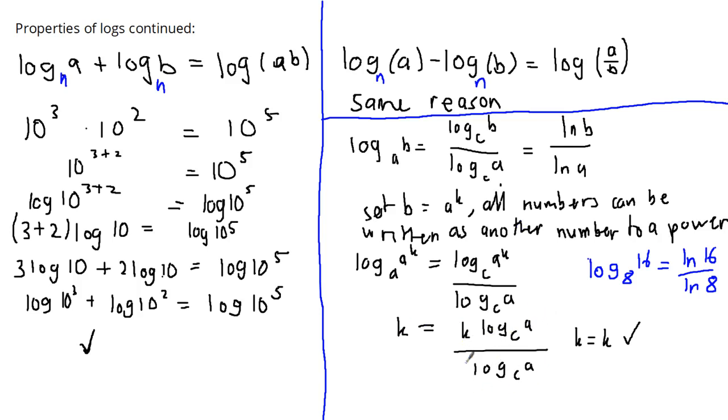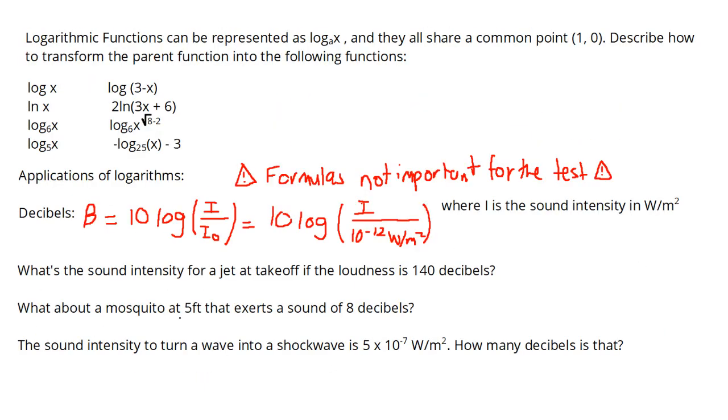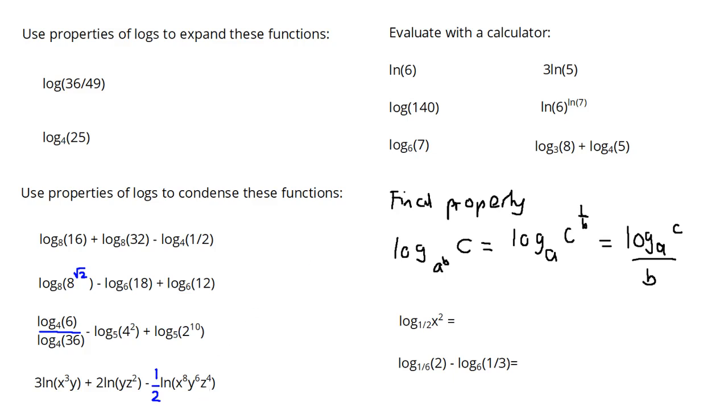Log base c of a over log base c of a, that's just 1. So k is equal to k. Proven, right? It's a proof, not really a derivation. I can't really derive this, but I can prove it, and that's the proof. So there you go. And I think we're going to need to separate this into two different videos.